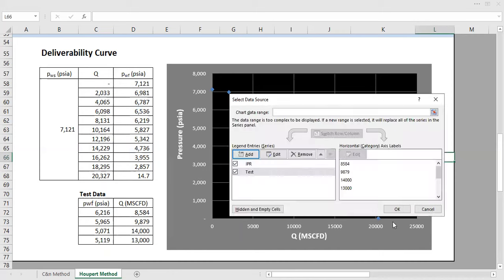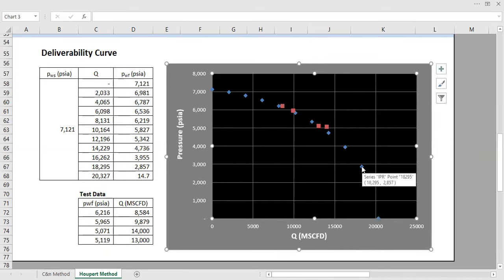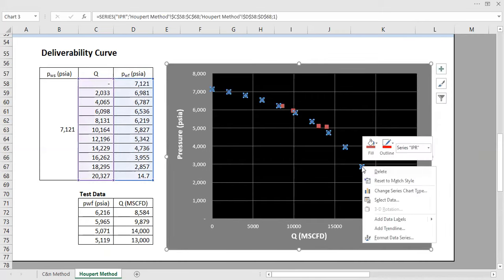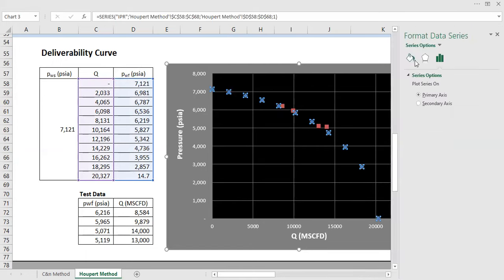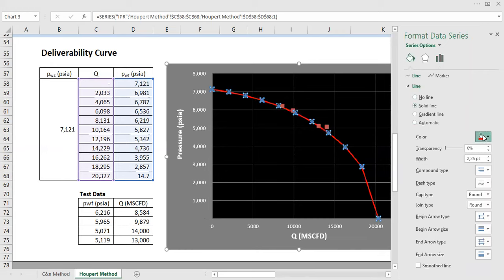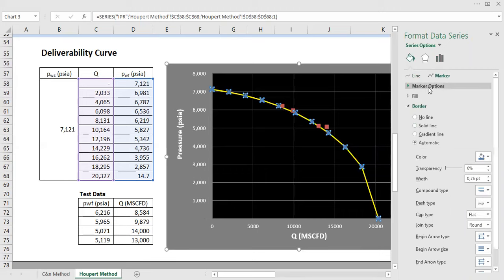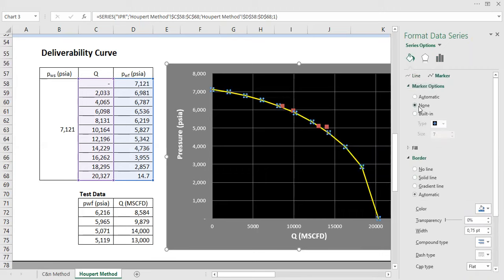So you get that. And maybe you want to make a line from the IPR. So right click, format data series, and touch this one, solid line. Let's color them yellow. And then the marker, I want to use no marker.